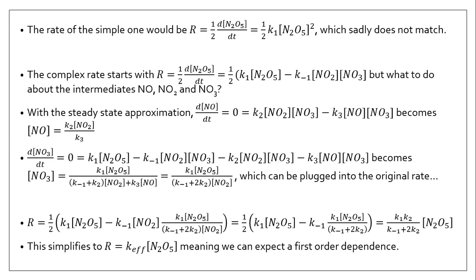So despite all of this, the first reaction is essentially first order in N2O5. Now, if the first step is a slow step, then that's all it is.